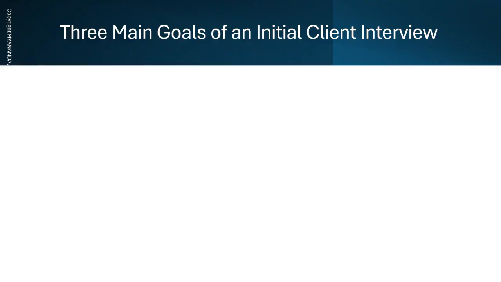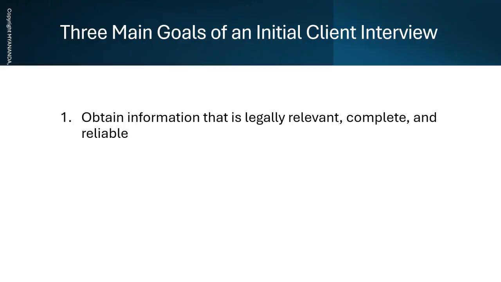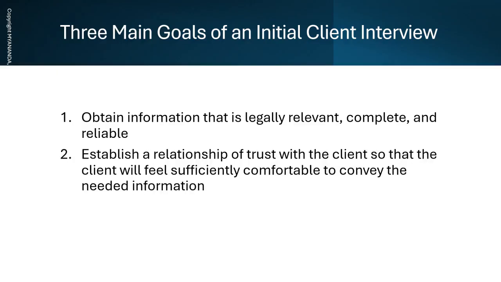There are three main goals of an initial client interview. First goal, get the information we're looking for, and it needs to be legally relevant, so we're being careful what we choose to ask for. It needs to be complete, and it needs to be reliable. Oftentimes there's a list that we already know we need, and we'll look at that in this lecture.